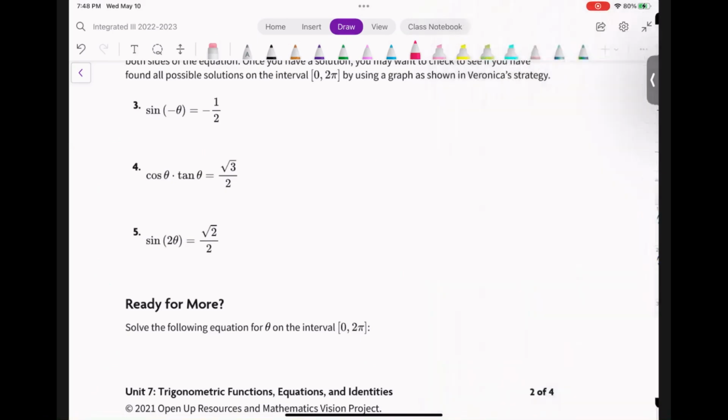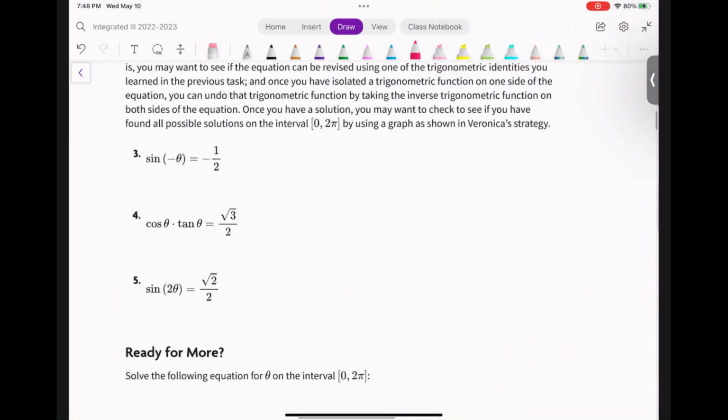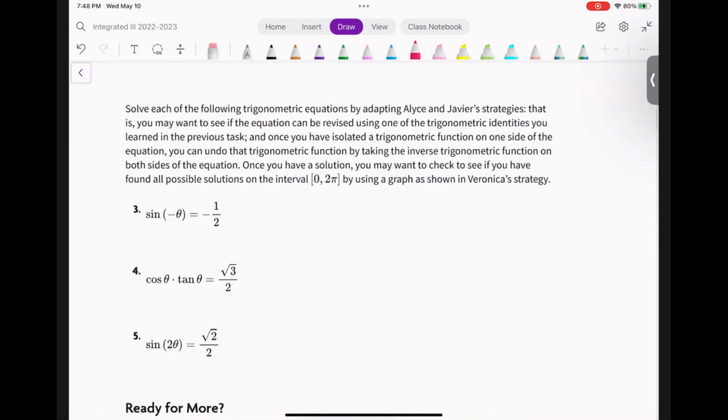All right. So then it says, so here's sine. You get to choose if you want to use Javier's way by bringing in identities first, or if you want to use Alice's way by going after the inverse first.